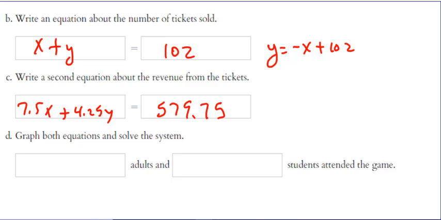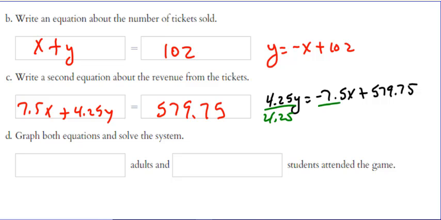For this one, we move the 7.5x over, so it's negative: 4.25y equals negative 7.5x plus 579.75, and then of course we divide by 4.25.